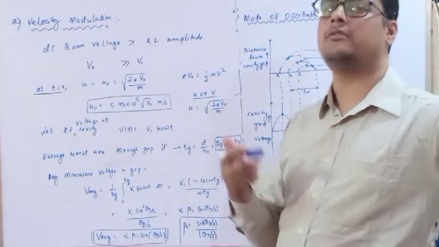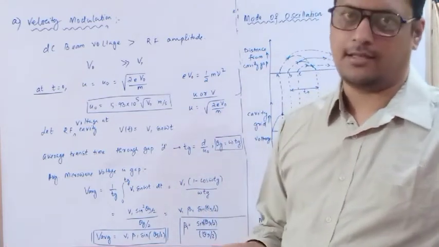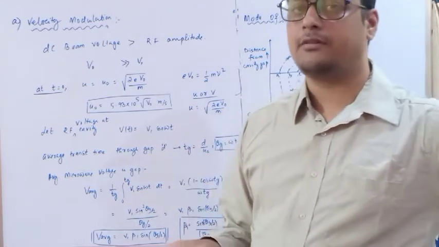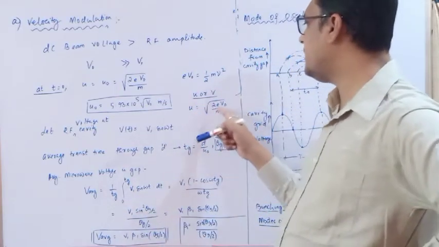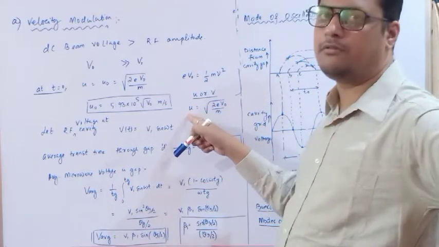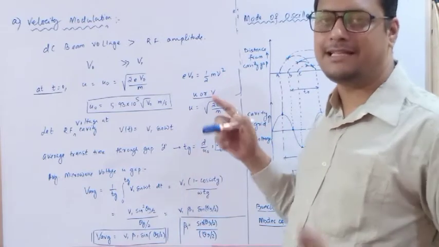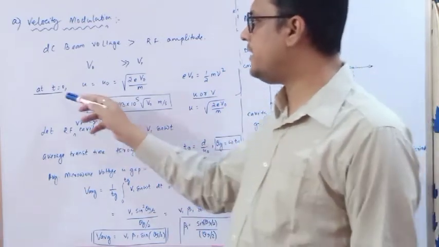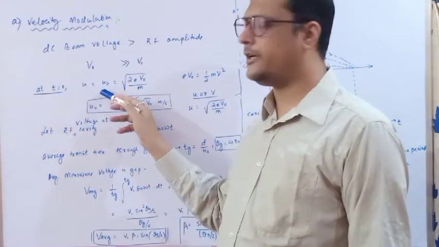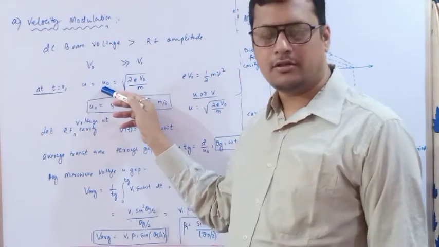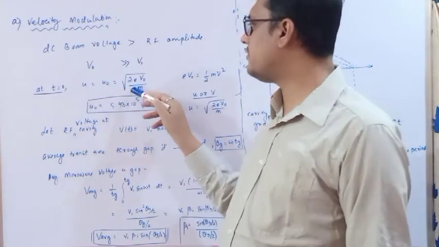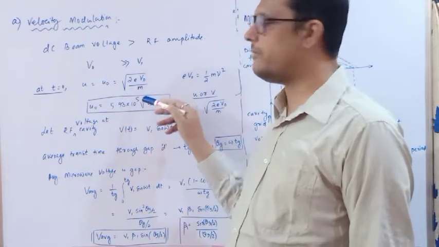We need to modulate this velocity. How is it related? If you rearrange it, you can see that u is directly proportional to the square root of V naught, where V naught is the DC beam voltage. So at t equals 0, let my velocity be u naught, which equals the square root of 2 E V naught by m.